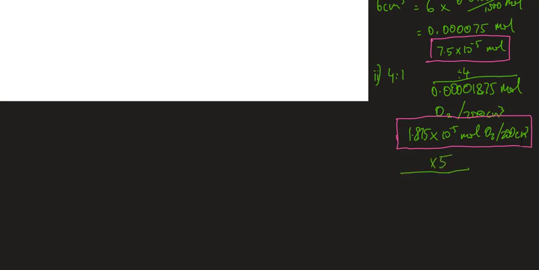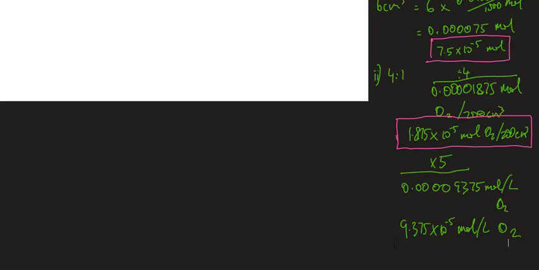So we multiply by 5, we get 0.00009375 moles per liter, 1,000 centimeters cubed. And that's O2, and so in scientific notation that'd be 9.375 by 10 to the negative 5 moles per liter O2.